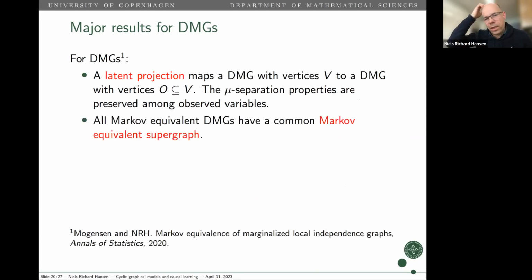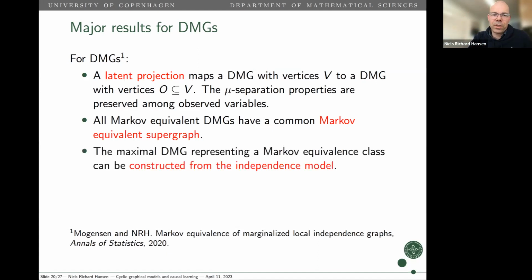And the most important result is this complete characterization of Markov equivalent directed mixed graphs using mu separation, that all of these Markov equivalence classes have a common Markov equivalent supergraph. So it means that in the equivalence class, you can always find a supergraph that is maximal in this set here, and you can use that to represent the equivalence class conveniently.